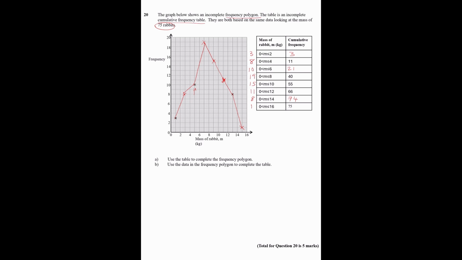And that's the frequency polygon completed, and my cumulative frequency table completed as well.